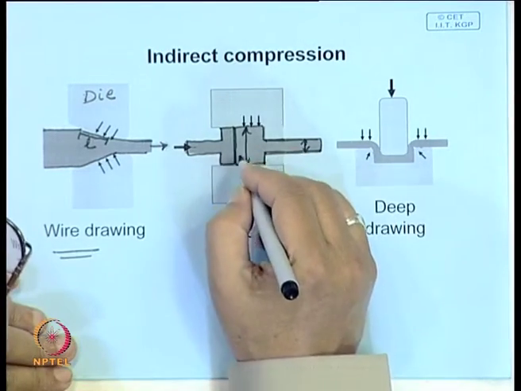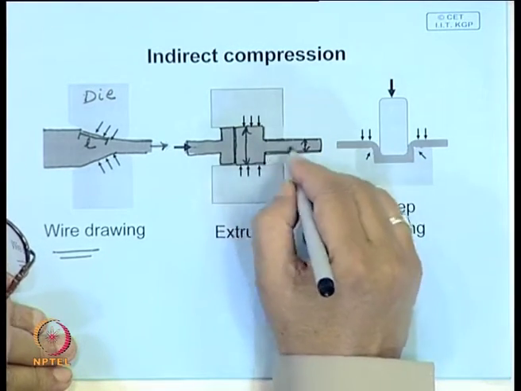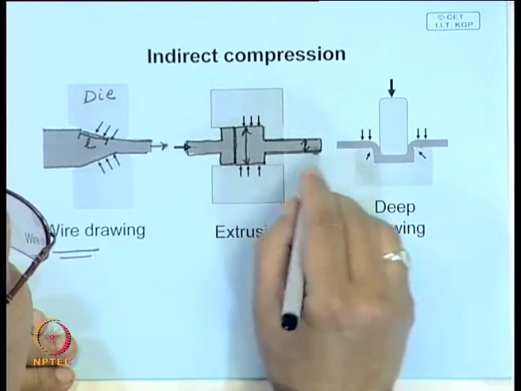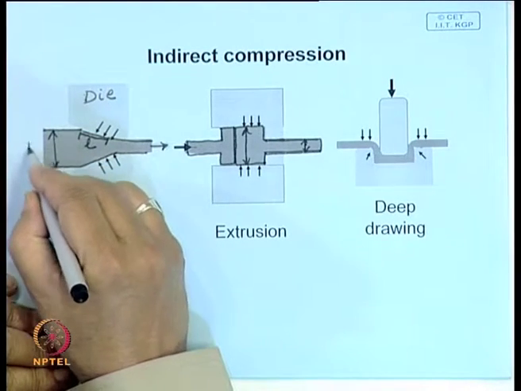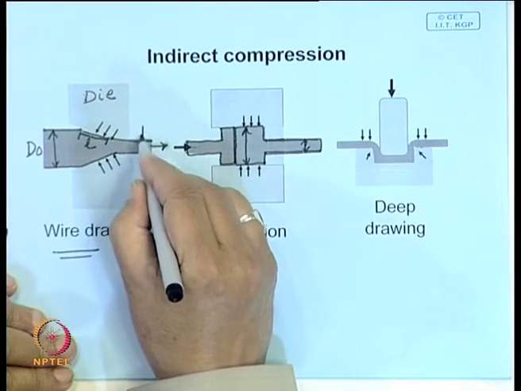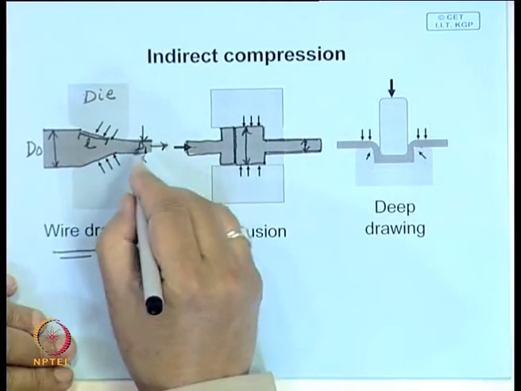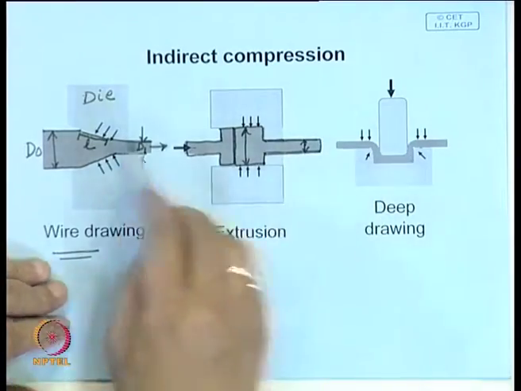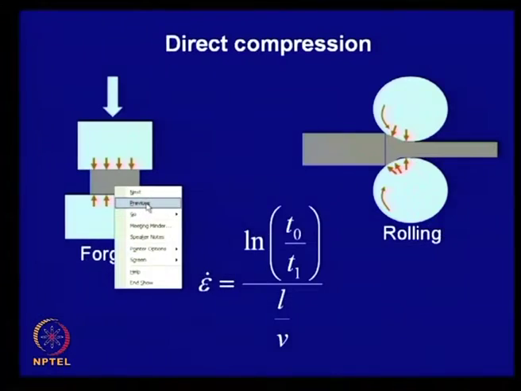Suppose this is your initial diameter and this is the final diameter. The ratio gives you the reduction you are getting. In wire drawing also, the ratio of the initial diameter to the diameter after drawing gives the percentage reduction.